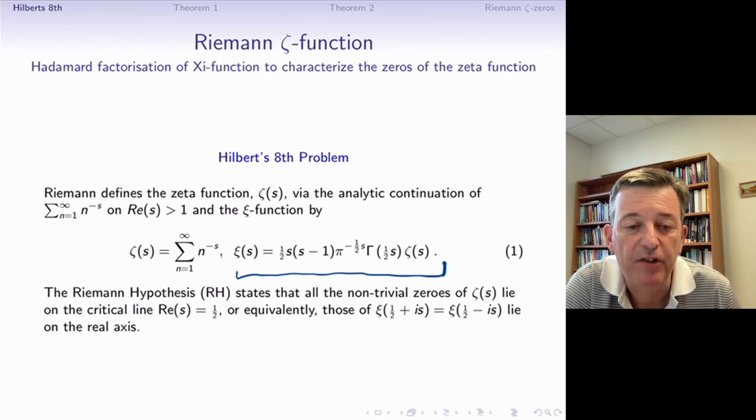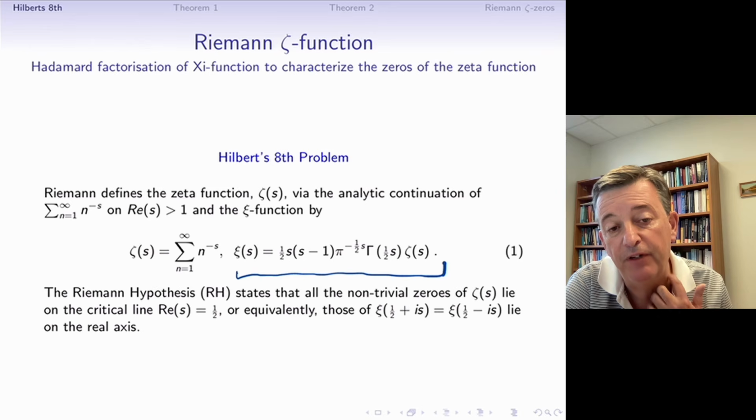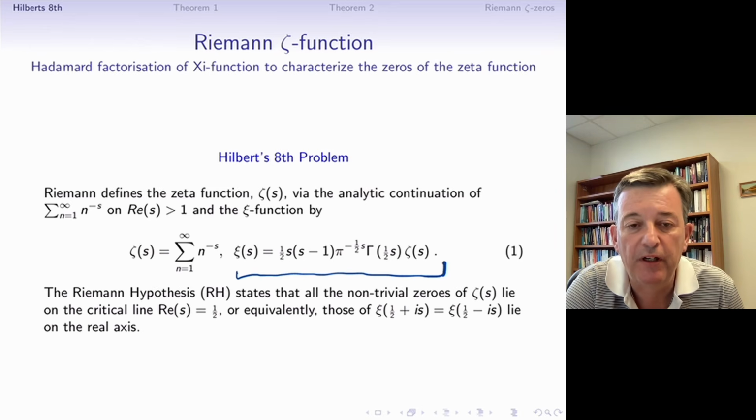You can essentially restate the Riemann hypothesis as a condition on the psi function. All the non-trivial zeros of xi of s are supposed to lie on the critical line, real part of s equal to a half, for RH to be true. Equivalently, as we've normalized or regularized, xi of a half plus is is equal to xi of a half minus s, and the zeros of that function are going to lie on the real axis.